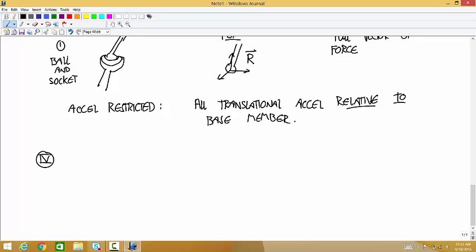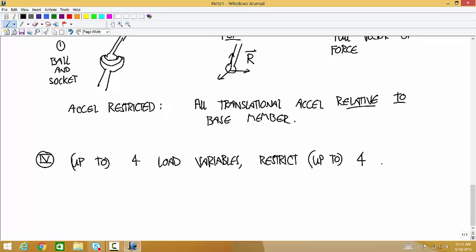The fourth category is joints that provide up to 4 load variables, and they restrict up to 4 acceleration components. And there's one of these.